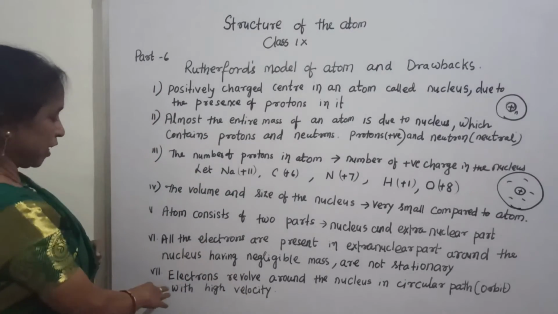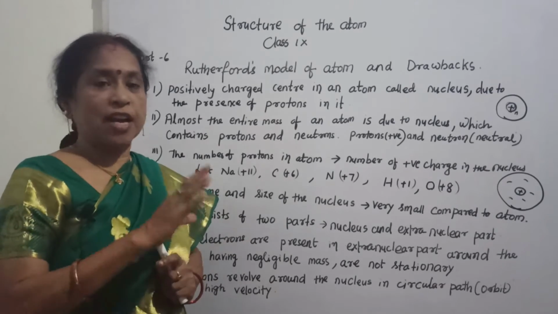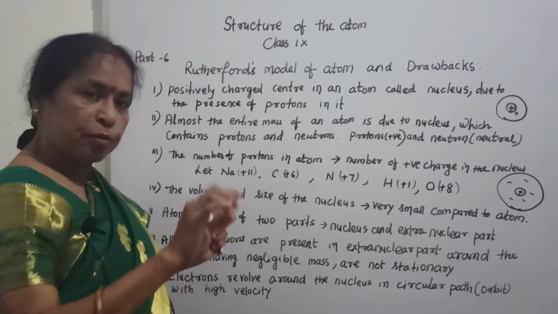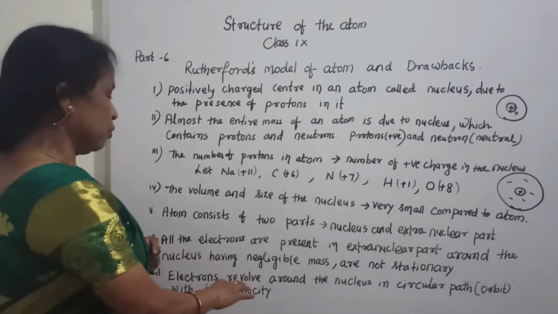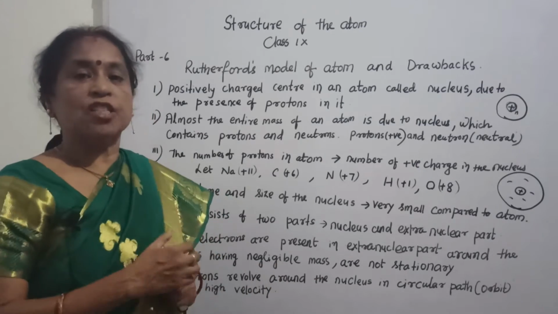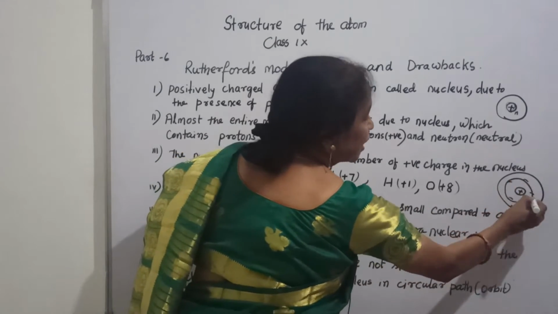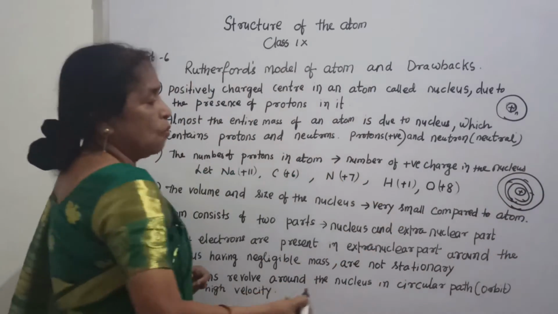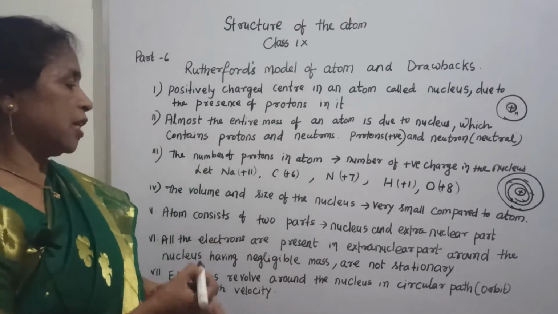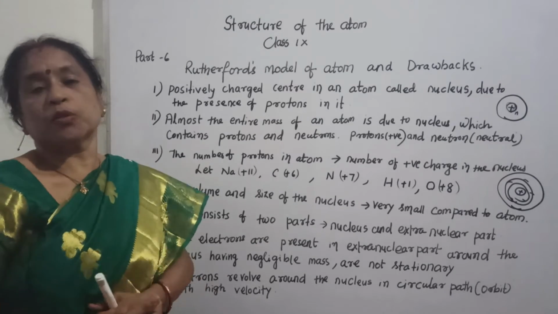The next point: the electrons revolve around the nucleus. Yes, because they are not stationary, they are moving, they are revolving around the nucleus in a circular path, which is called an orbit, with high velocity.